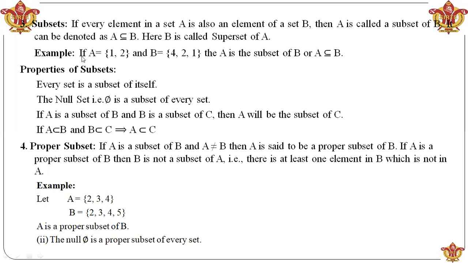If set A has 1 and 2, and set B has 4, 2 and 1, we can say that A is a subset of B, but B is not a subset of A.